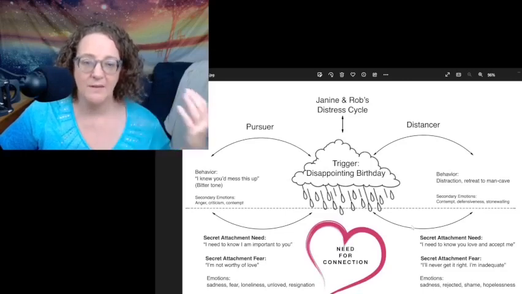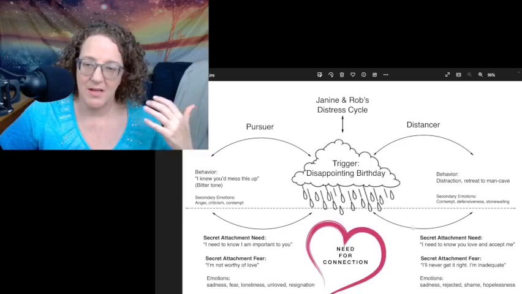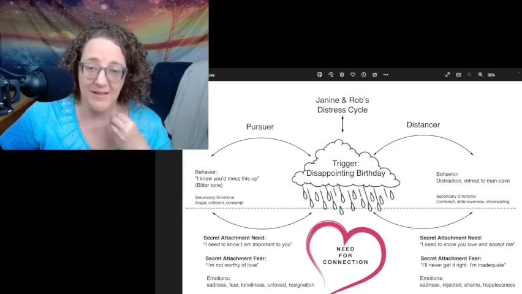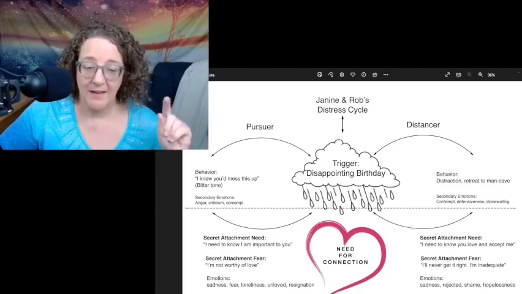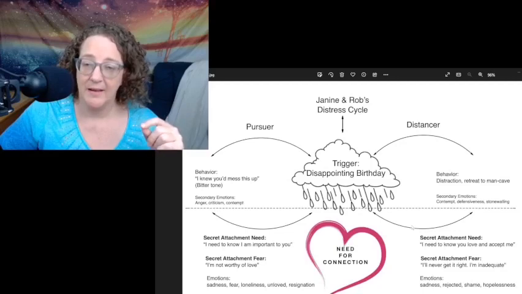All of the behavior on our distancer side and all of the emotion on our distancer side is directly related to how important that pursuer person is to them. Likewise, everything that our distancer needs, our withdrawer needs, I need to know that you love and accept me.